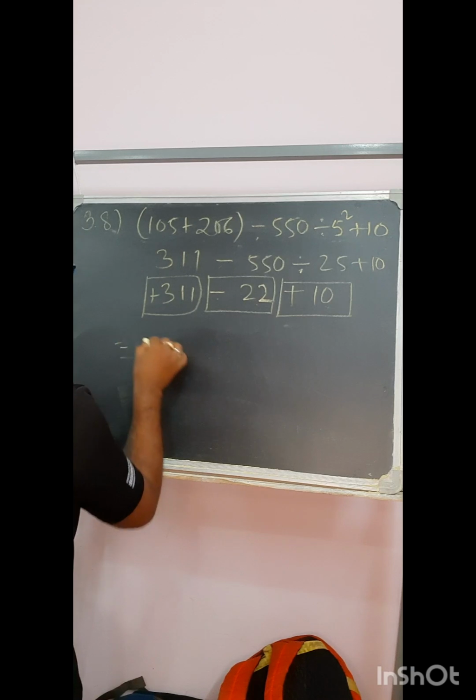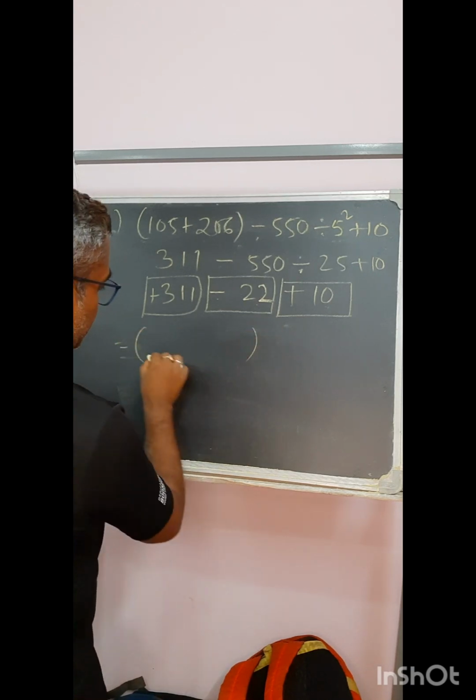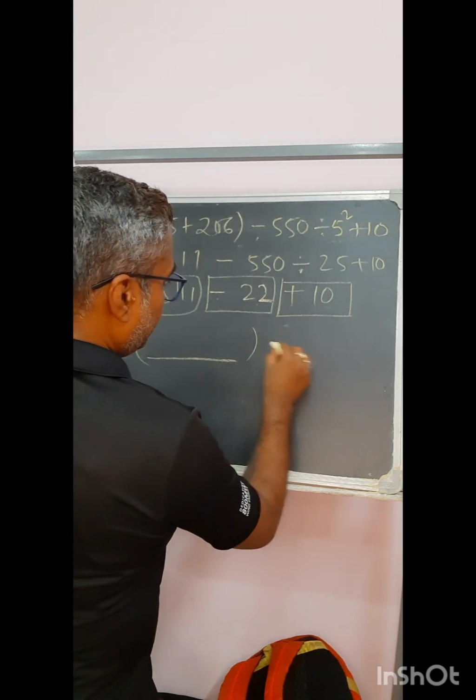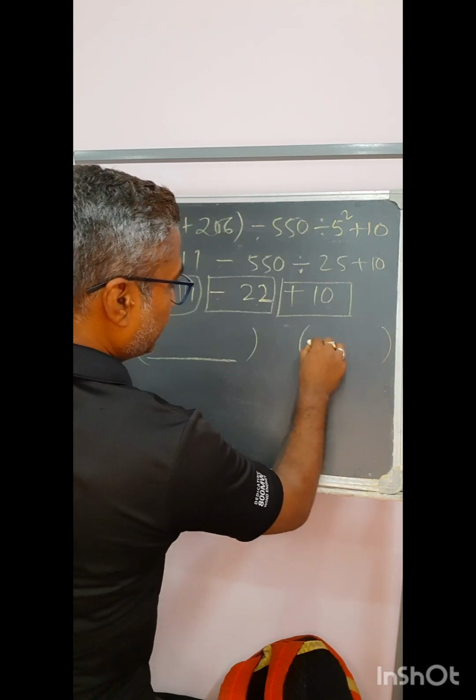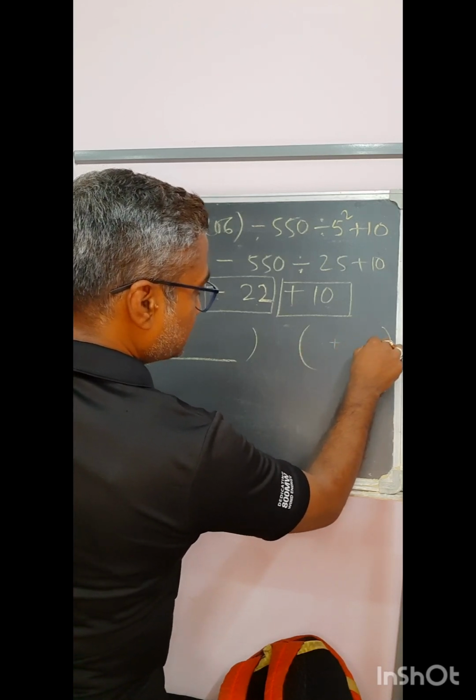Now the next step: you have to bring all positive numbers in a bracket and all negative numbers in a bracket, along with a plus sign in between.